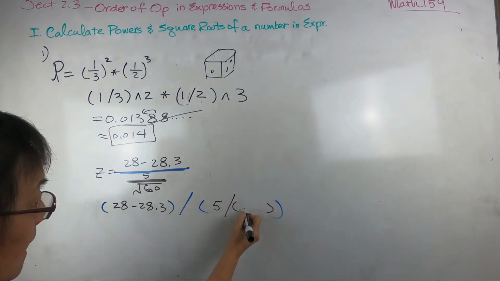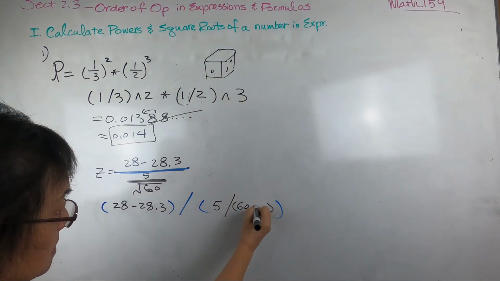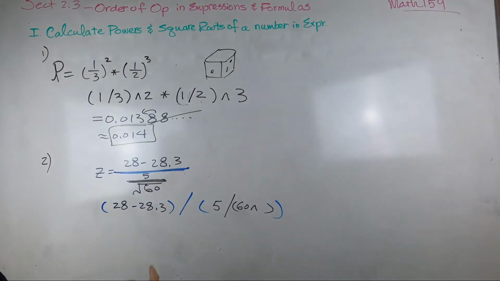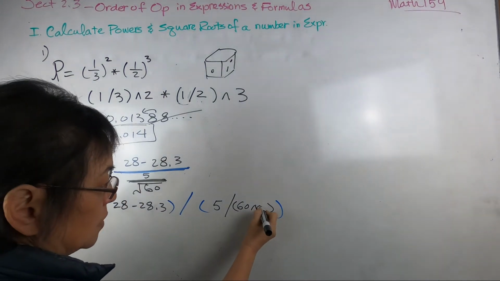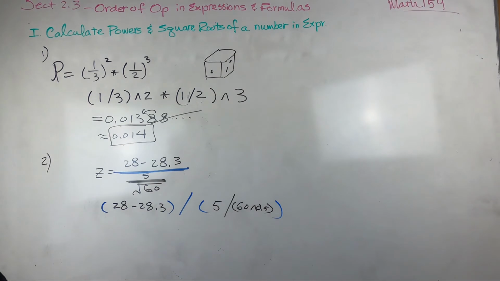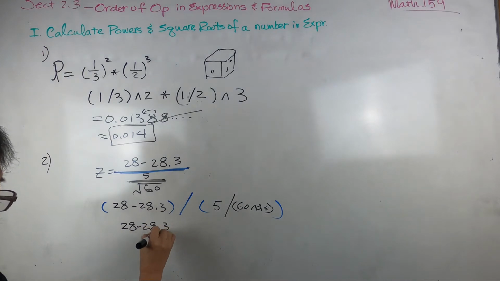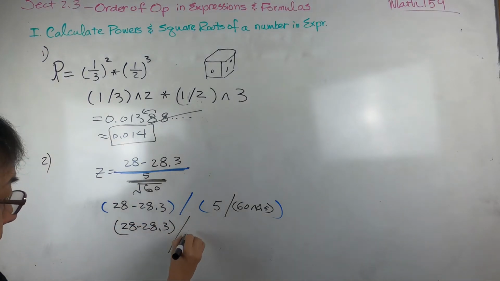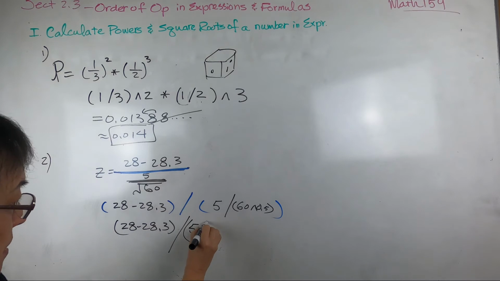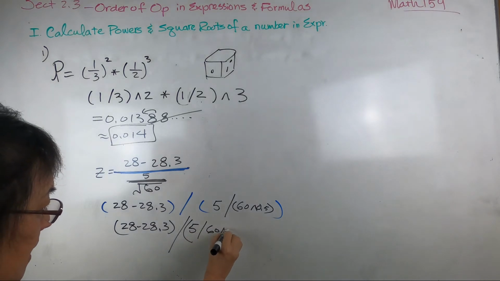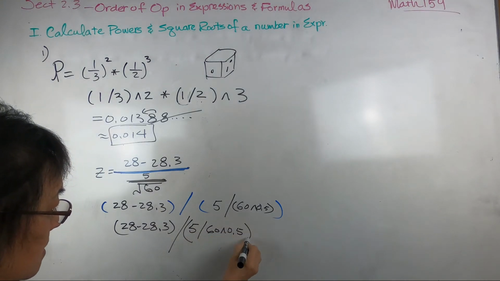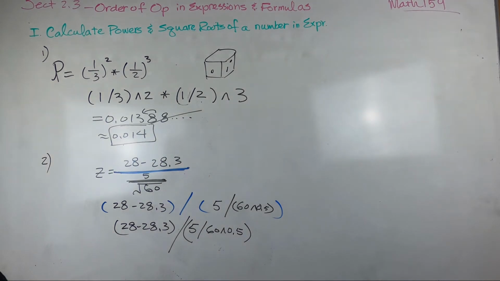You should do 60, and for the square root we use what? Half power. It should be this way. But for this one, it just happens that if you write it this way, 5, just one parenthesis, 60, divided by this one, you will be okay. You are short one parenthesis.